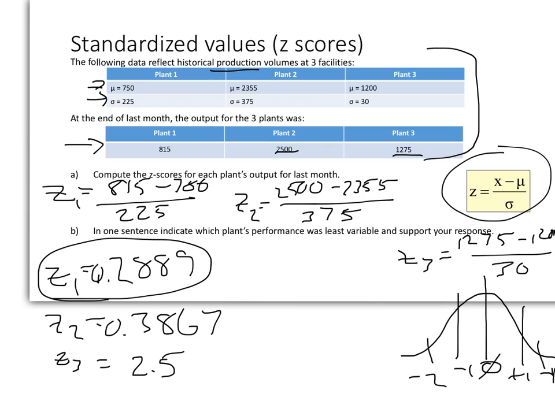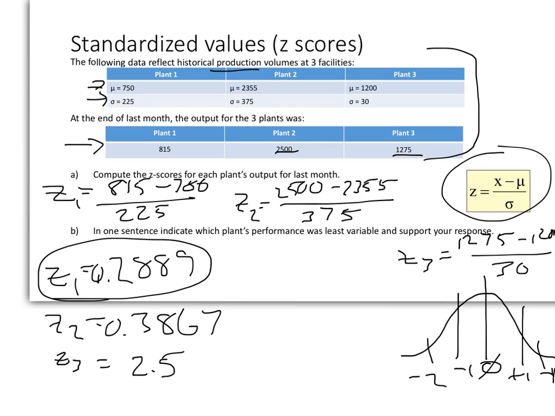That is, it's closest to its historic output, so it is the least variable. So we would say plant 1's performance was least variable with a z-score of plus 0.2889 standard deviations above its historic mean. Okay, so that's how we would say that.